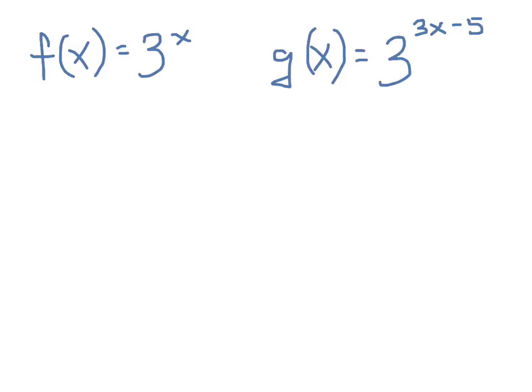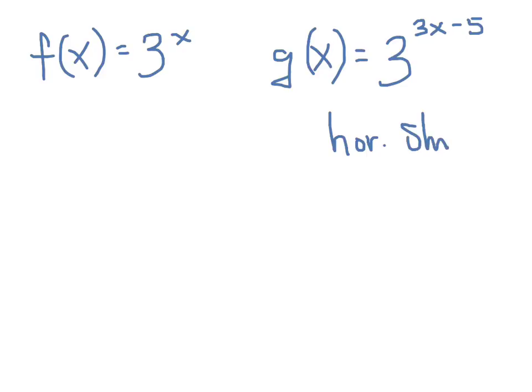So what changed? Okay, it became a 3x minus 5 instead of an x. A reflection on the y-axis? No reflection in there. Horizontal. We have a horizontal something.